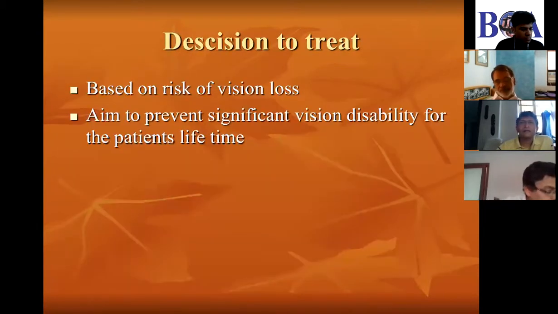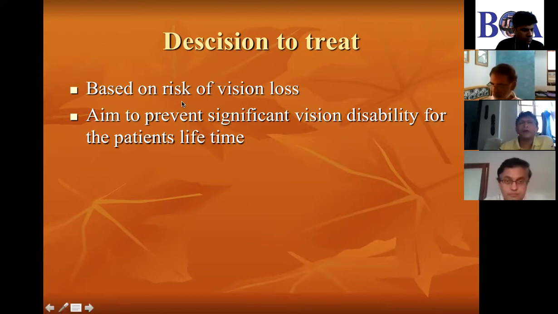But the decision to treat, whether it is a disc suspect or a pre-perimetric glaucoma category, is based on the risk of vision loss over the next few years. The aim is to prevent significant vision disability during the patient's lifetime. It is not to prevent the progression of the glaucoma completely.